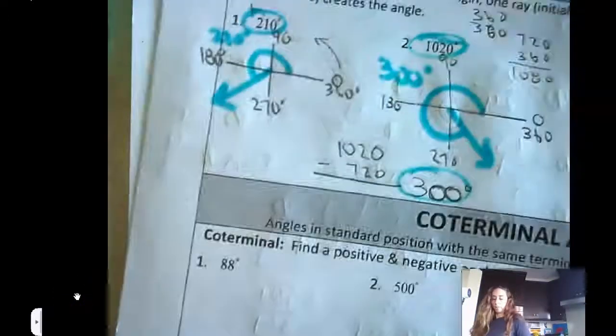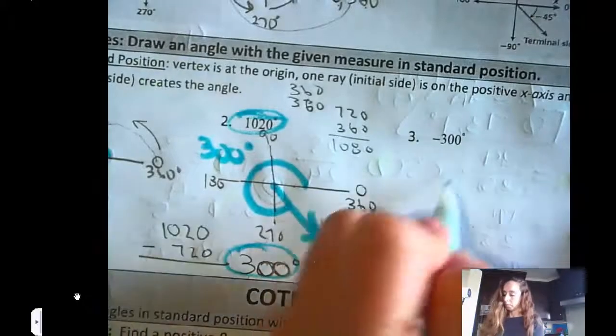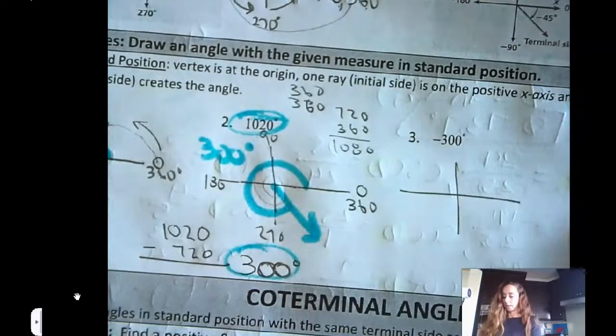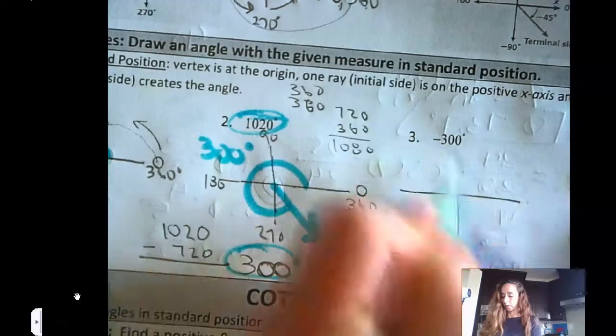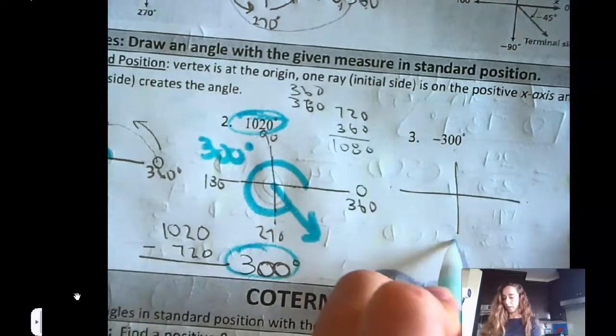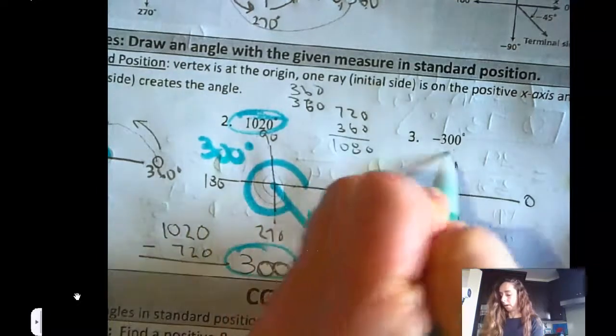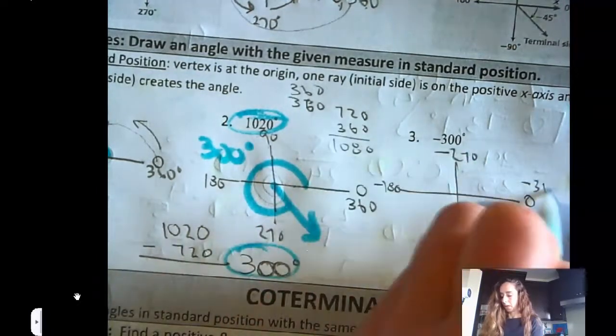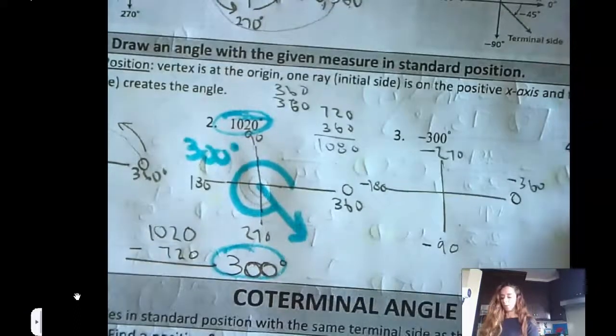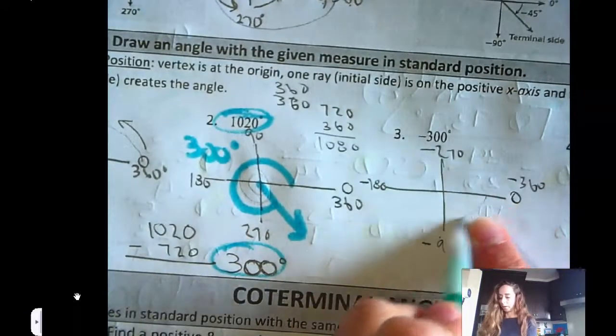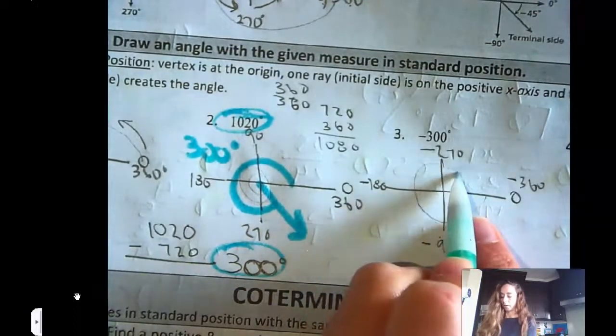All right. The next one. This time, instead of going 0, 90, 180, 270, I'm going 0, negative 90, negative 180, negative 270, negative 360. So instead of going left, I'm going to go here, and it's somewhere here.